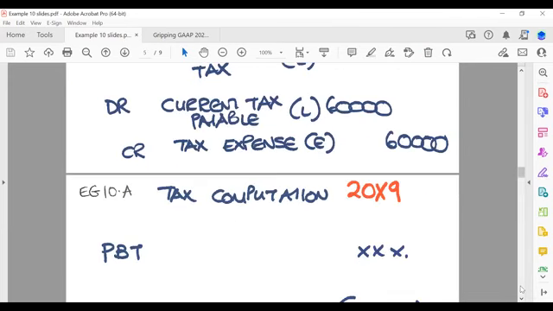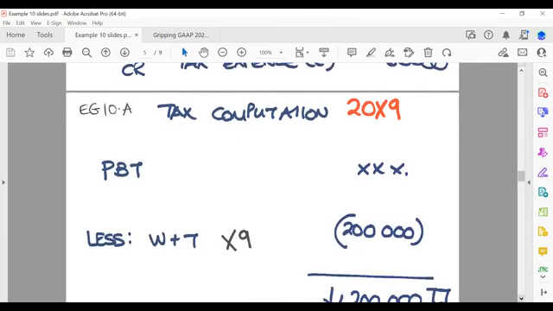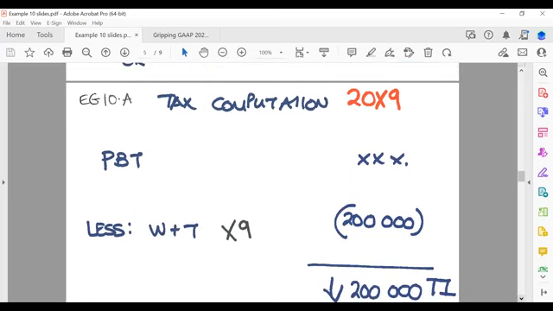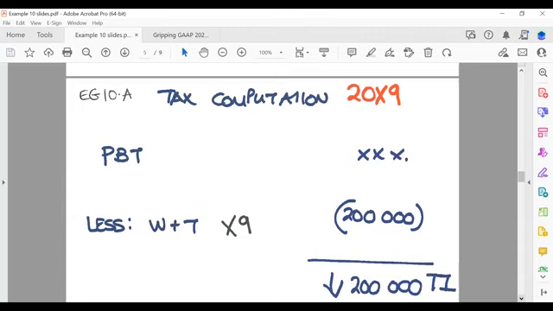So here I've got a tax comp for you. We've got profit before tax, and I've subtracted the wear and tear of 200,000.